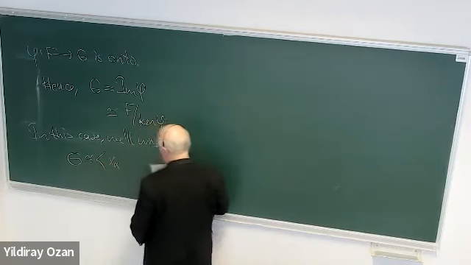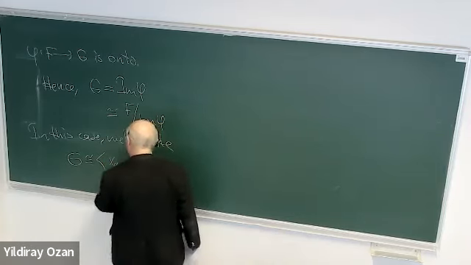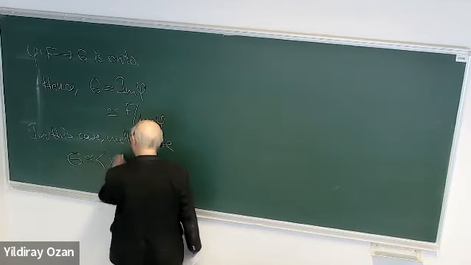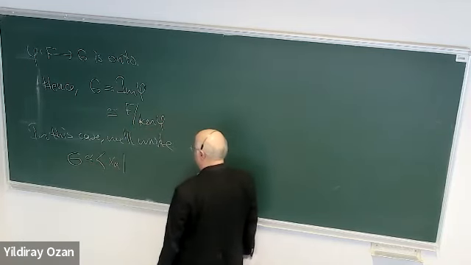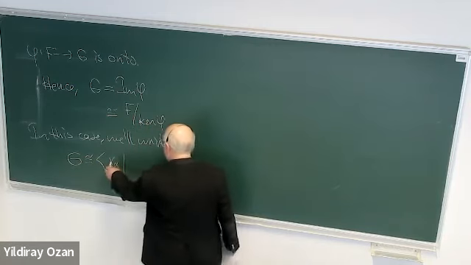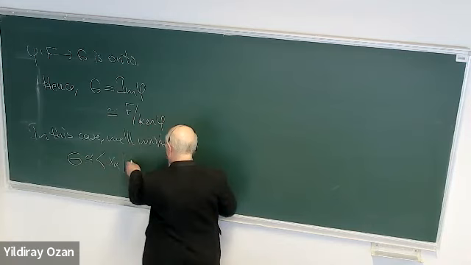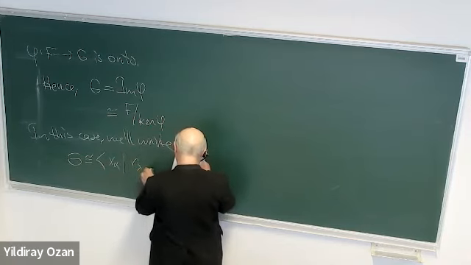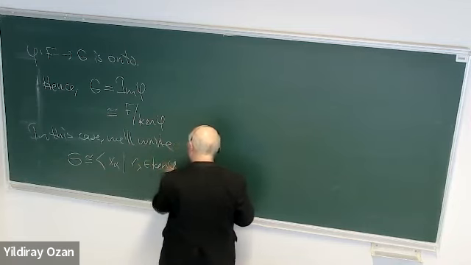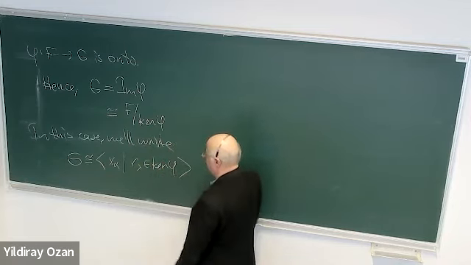So this will be a presentation for G. So X alphas are the generators, and elements of the kernel are called relations.